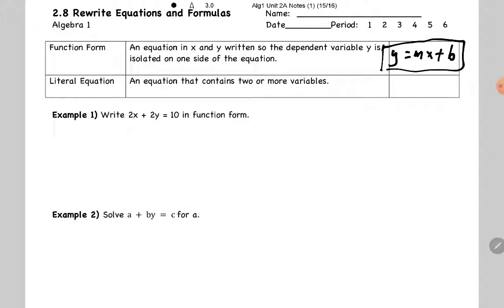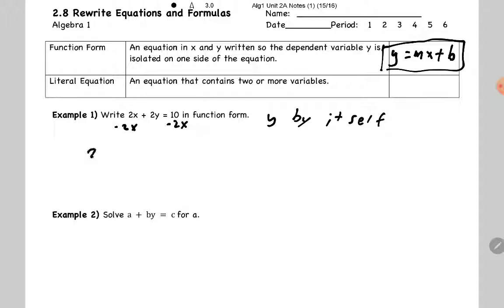So example 1, write 2x plus 2y equals 10 in function form. So in function form, we're trying to get y by itself. That's the goal. So how do we get y alone? I'm going to subtract 2x from both sides.